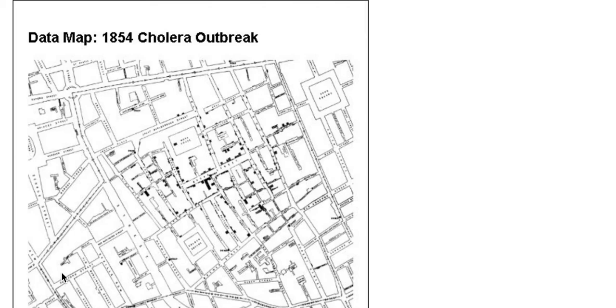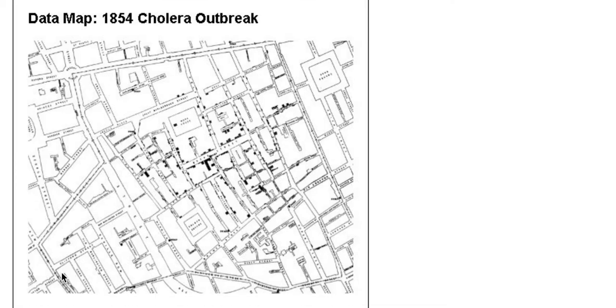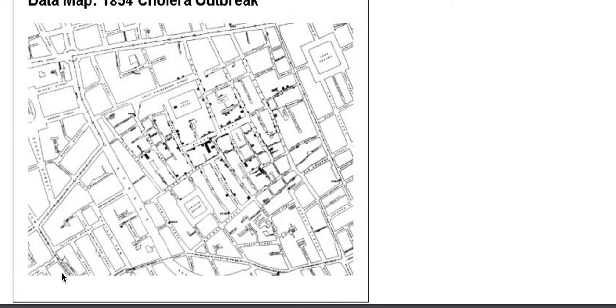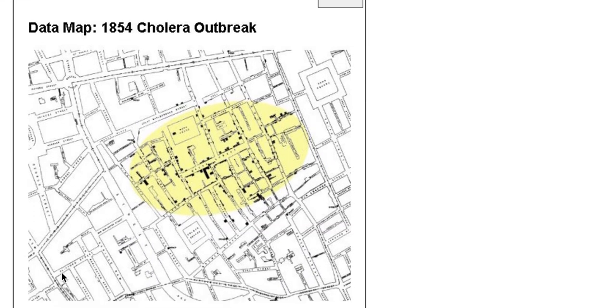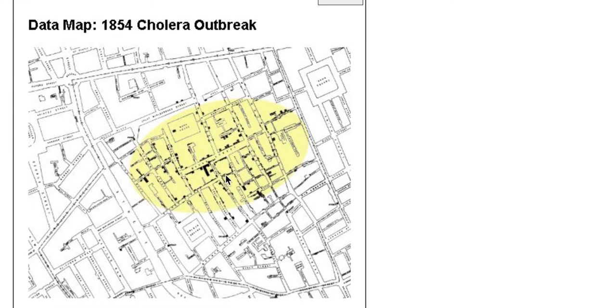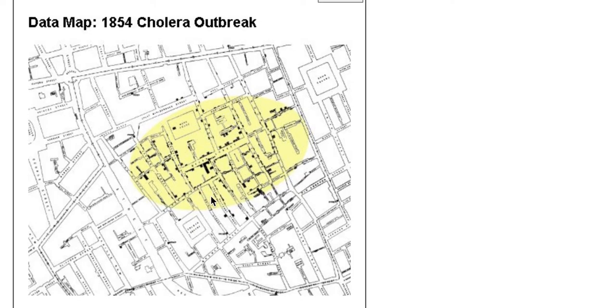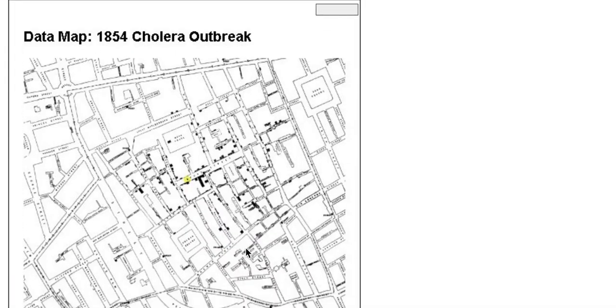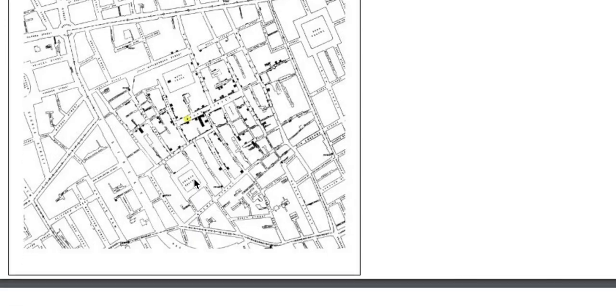Cholera was spreading during 1854, and by then, people believed cholera was spread by the air. However, John Snow used the data map and marked all the families who suffered from cholera on the map, and then we can find that all the families were located inside the yellow area, and there's a water pump over here.